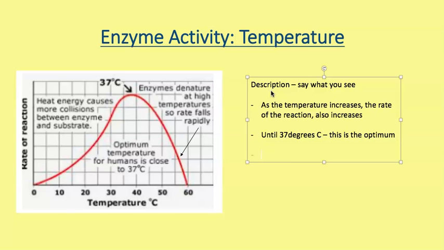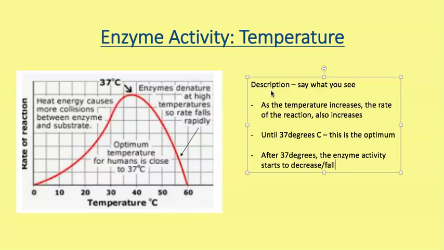Remember, in an exam they like you to include numbers off the graph to show you can read a graph. And then what happens after then? So after 37 degrees, the enzyme activity, in this case we're talking about the rate of reaction, but the enzyme activity starts to decrease, or you could say it starts to fall.